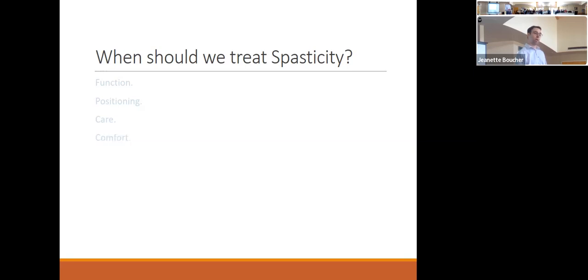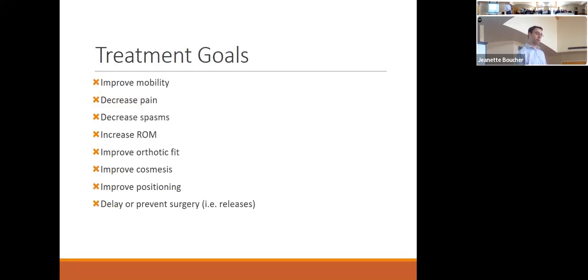And obviously we want patients to be comfortable. And this is just some additional treatment goals. Many of you today have orthotics that you use for mobility. So we want you to get an optimal fit, whether we're talking about an AFO or an upper extremity orthosis or a wheelchair.